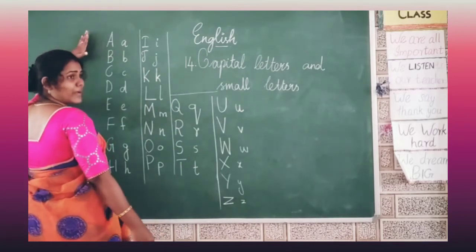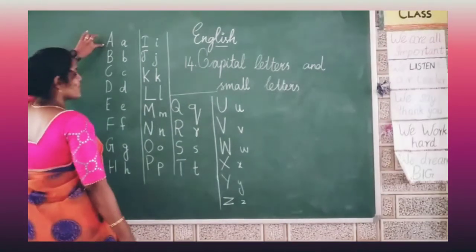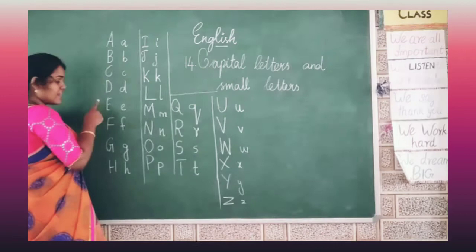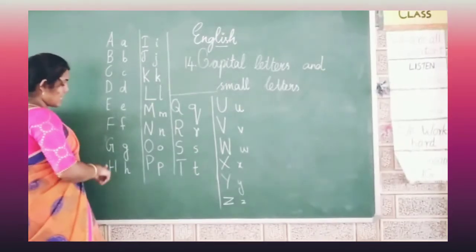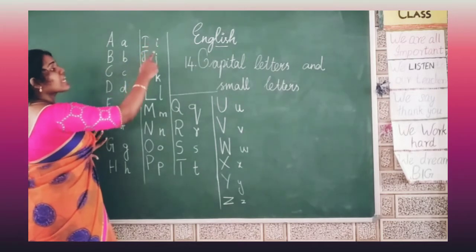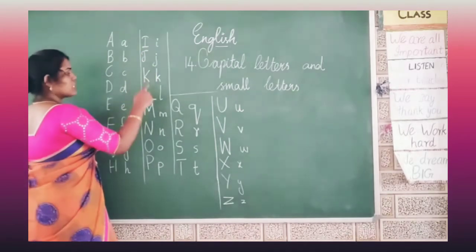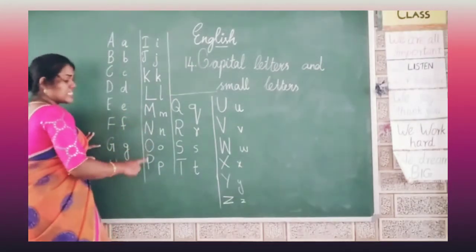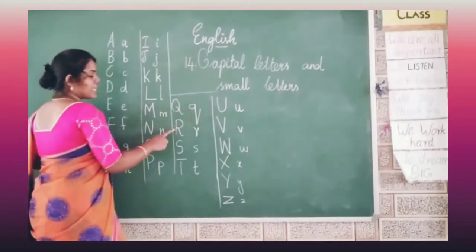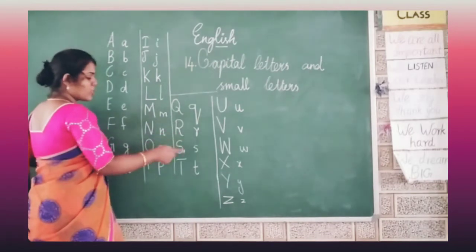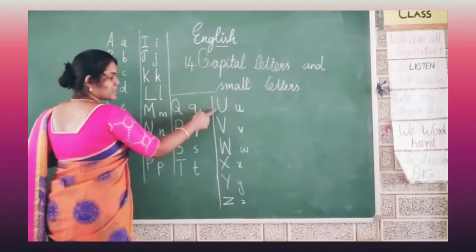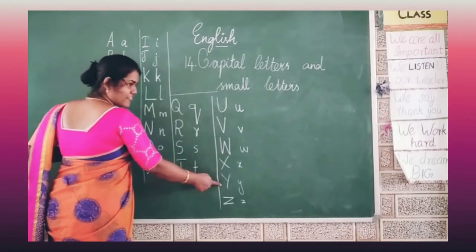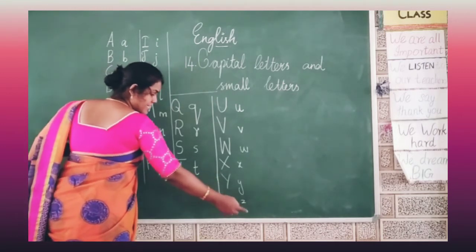See, totally we have 26 letters. Shall we count? 1, 2, 3, 4, 5, 6, 7, 8, 9, 10, 11, 12, 13, 14, 15, 16, 17, 18, 19, 20, 21, 22, 23, 24, 25, and 26.